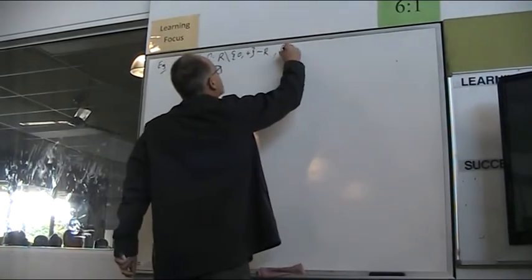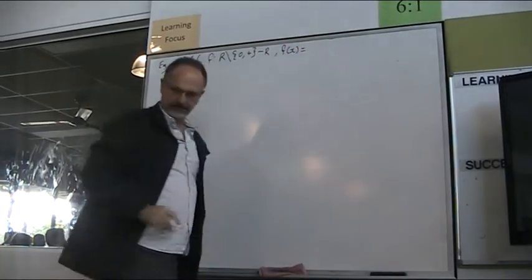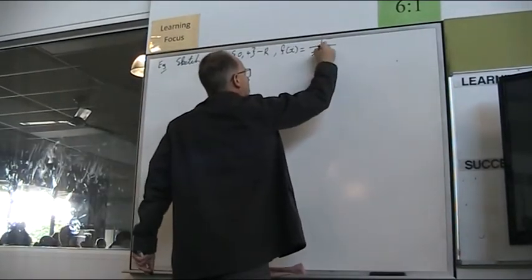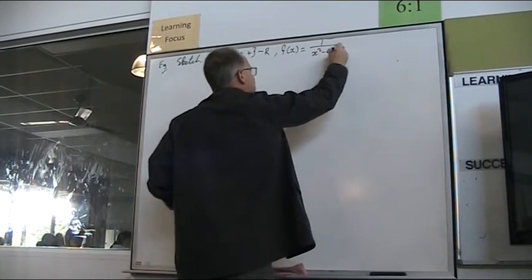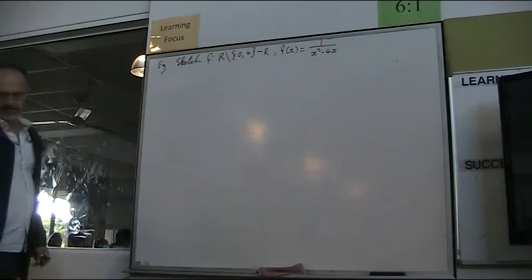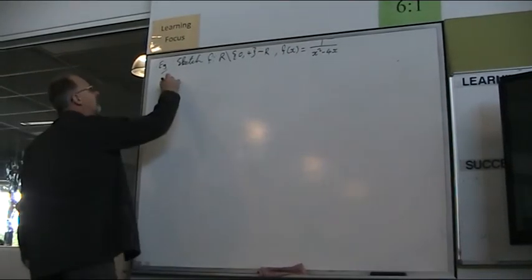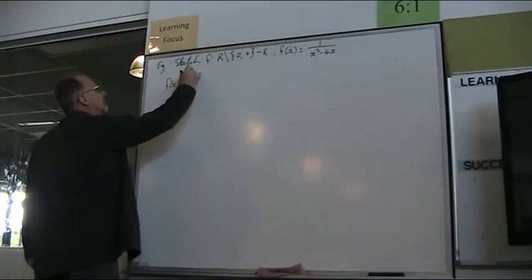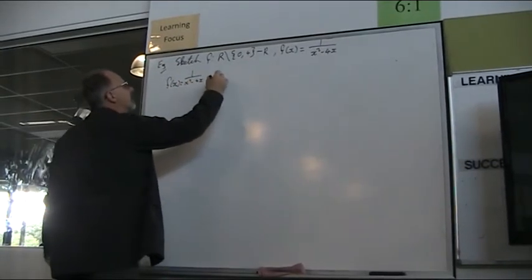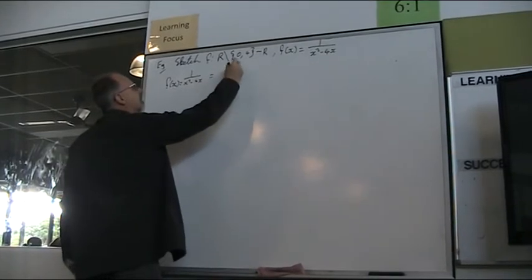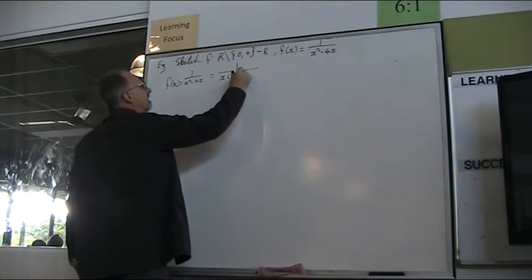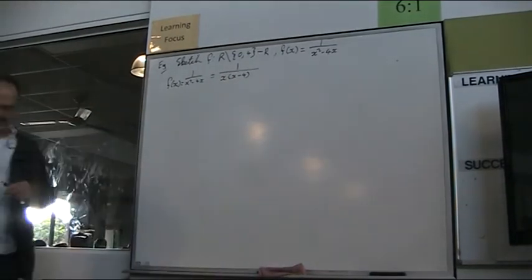All right, so let's have a look at the function. 1 on x squared minus 4x is our function. We can factorise that denominator, take x out as a common factor. We've got x and x minus 4.